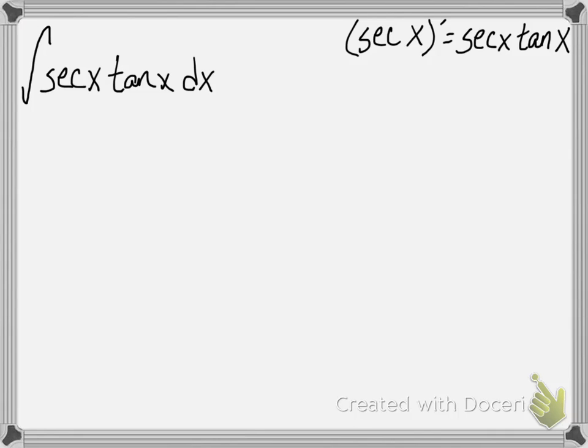And then we want to integrate secant x tan x. Alright, well, from our chart, we see that the derivative of secant is secant x tangent x, so that's just going to be secant x plus some constant.